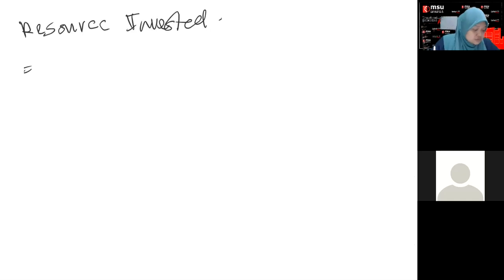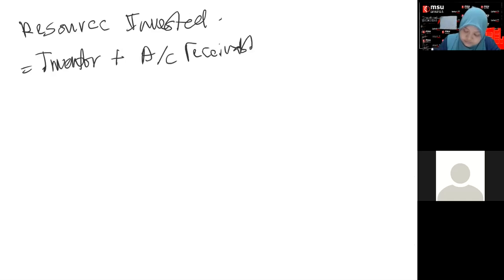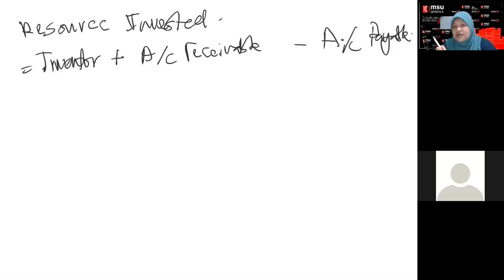It's equal to inventory plus accounts receivable minus accounts payable. But don't forget to multiply the answer by the days of the turnover.